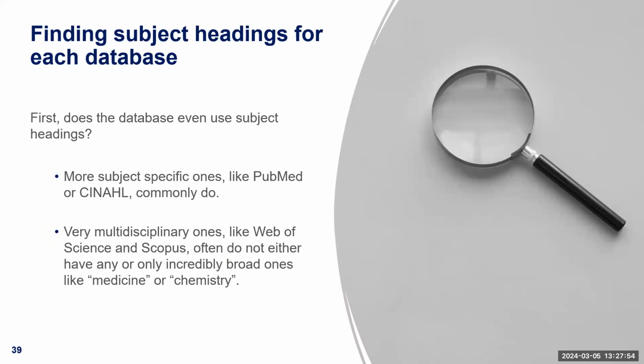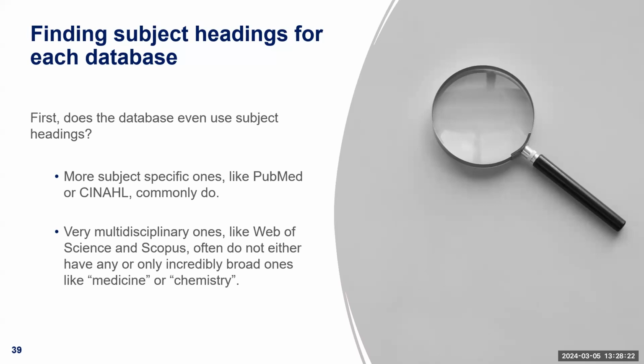When you're looking for subject headings for each database, the first question is, does the database even use subject headings, or at least ones that are going to be useful in a systematic review? More subject-specific databases like PubMed and CINAHL commonly do. They're really trying to provide very focused ways of addressing the literature and covering all of the concepts there.